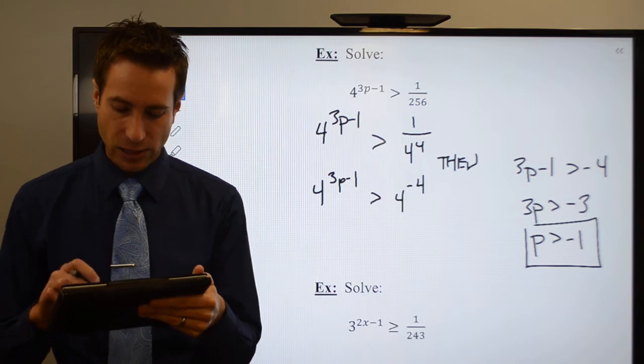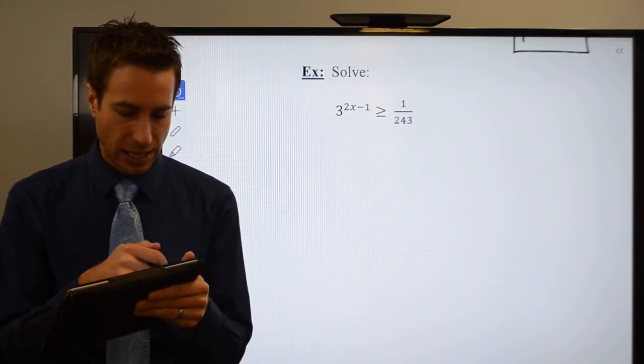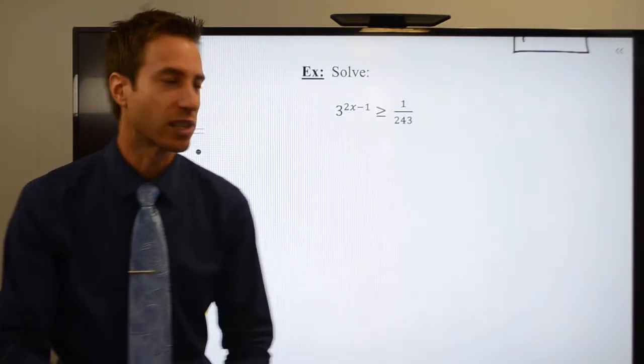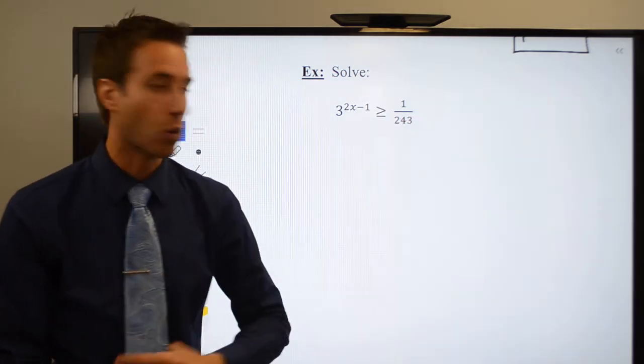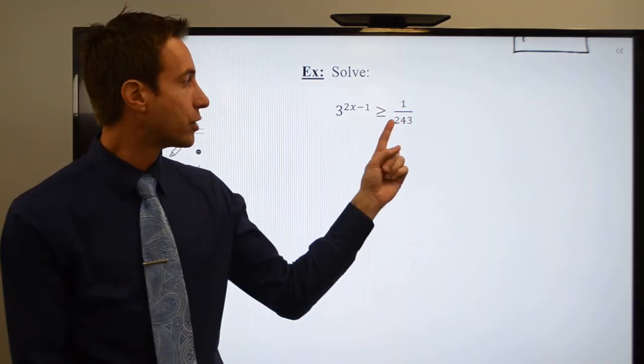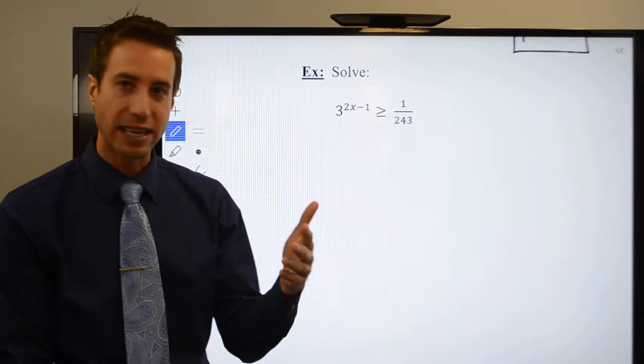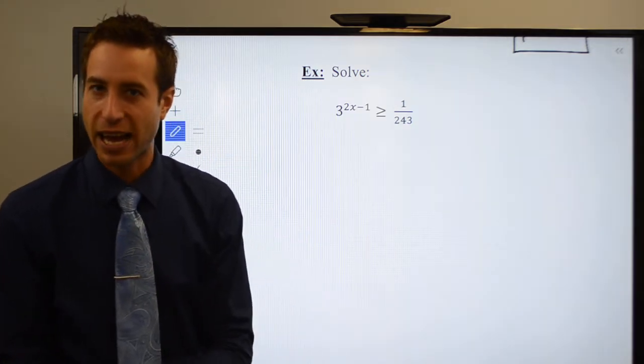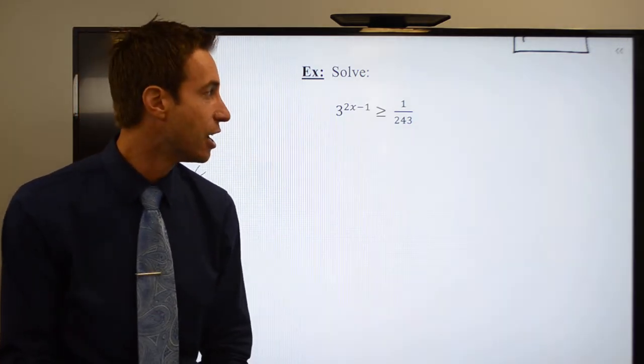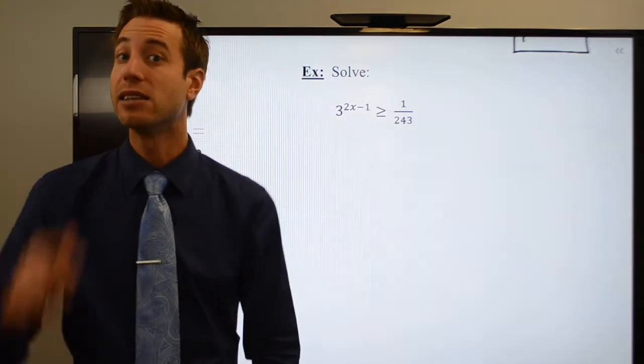I got one last one for you guys to do here. Let's go ahead and take a look at this one. Again, just a little bit more practice because I do have an inequality with a fraction in it. However, 243, think about it for a second, maybe play around on your calculator a little bit, and you'll quickly recognize 243 is 3 to the 5th power.